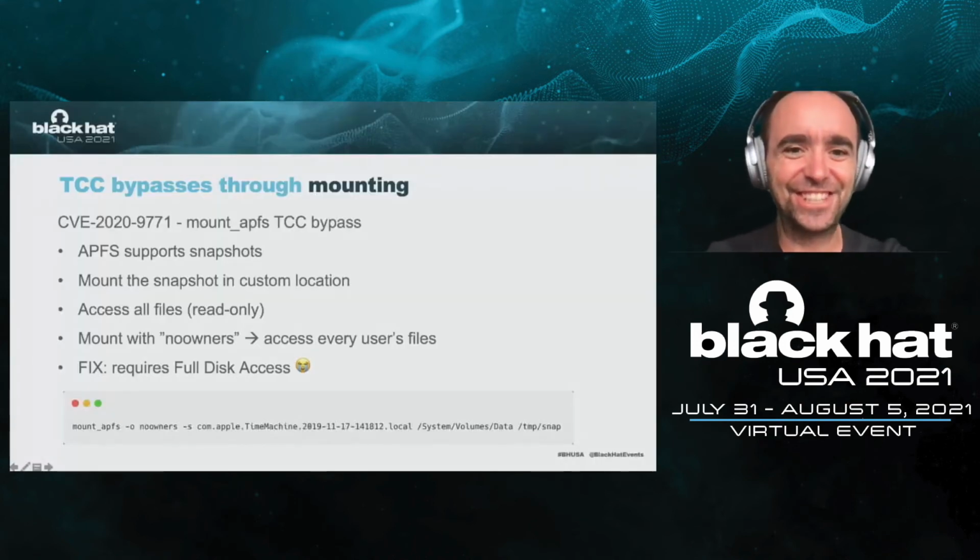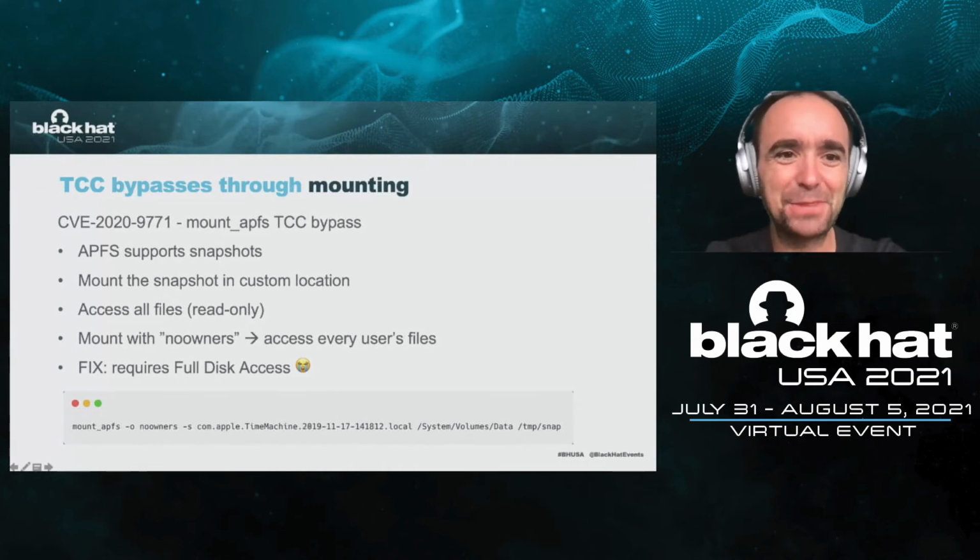Okay, so let's continue with the third group of bypasses for TCC, and those involve the mount operation in some way. The first vulnerability I want to cover, I discovered last year, and it involved the mount APFS utility, which we can use to create snapshots.